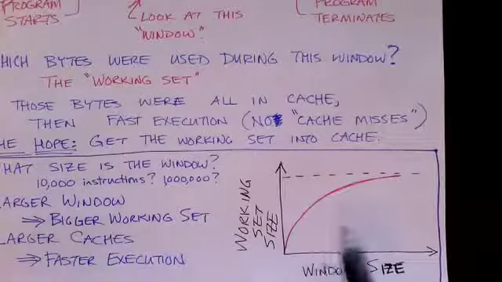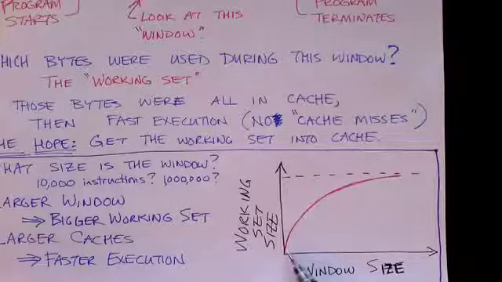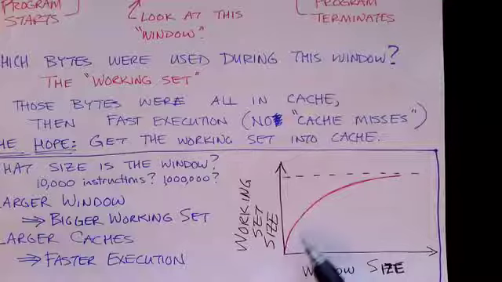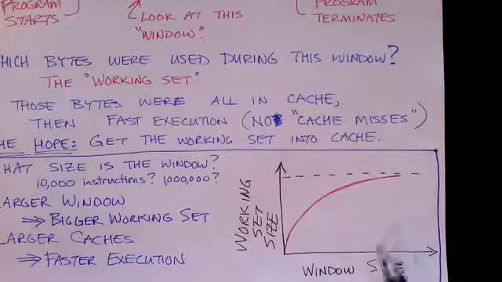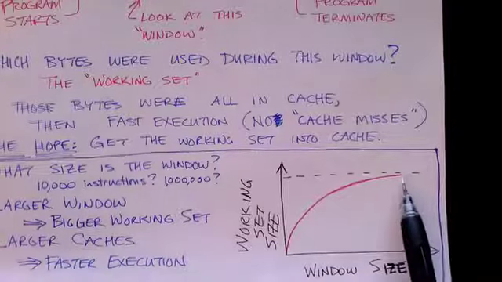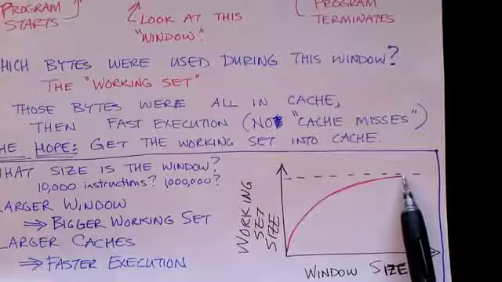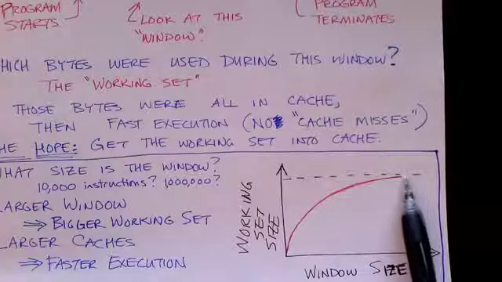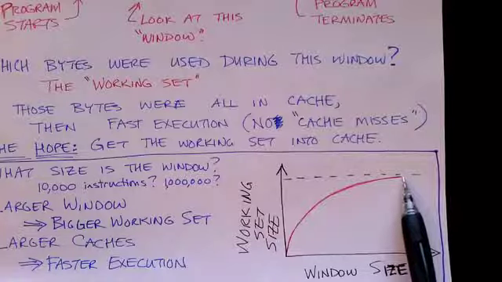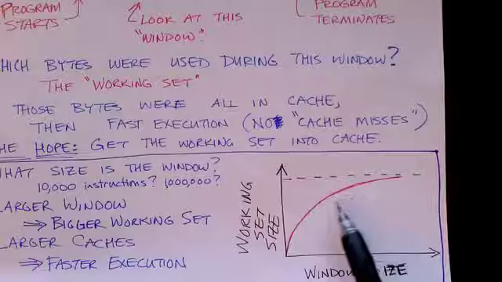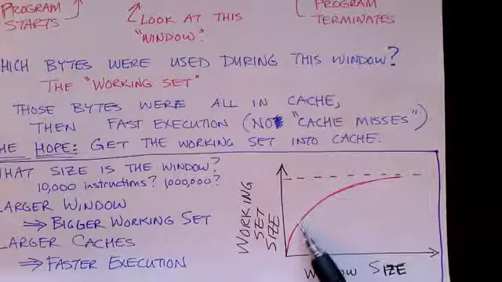We can also look at what happens to the working set size as we look at more and more of the program. If you increase the window size all the way to include the entire program from beginning to end, then there's some maximum amount of bytes that program needs to access in order to run to completion. Maybe it executes all of its instructions. Maybe it touches all of its data. So there's some maximum. But as the window size gets smaller, it needs fewer and fewer of the bytes.